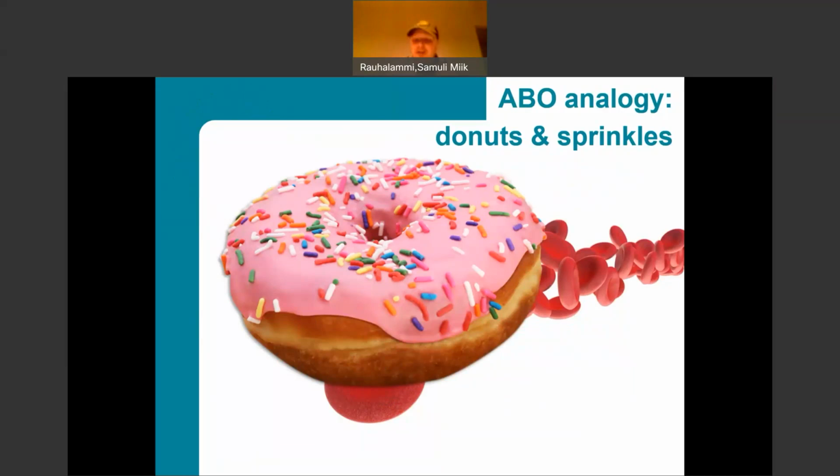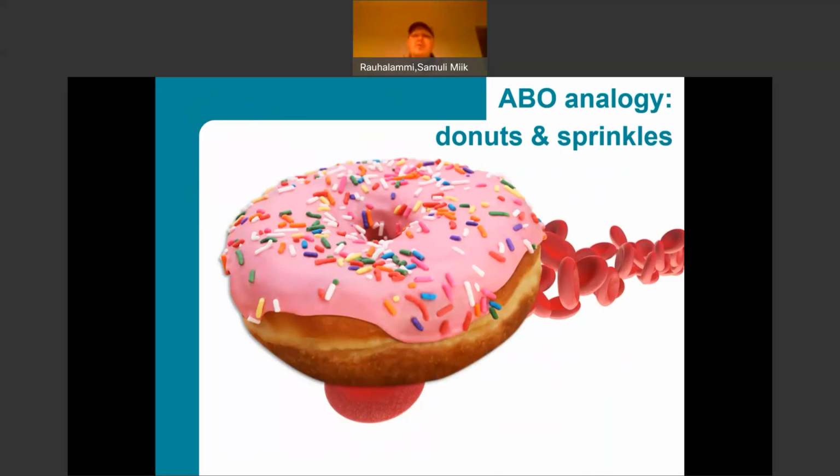These sprinkles are going to be the antigens on the surface, similar to the antigens that we find on the surface of red blood cells. The purpose of these antigens is that our body is constantly screening whether something is part of us, part of your own body, and we're happy to have that cell in your body because it's part of you, or whether something is foreign and might be an invader, some kind of pathogen that threatens your well-being.